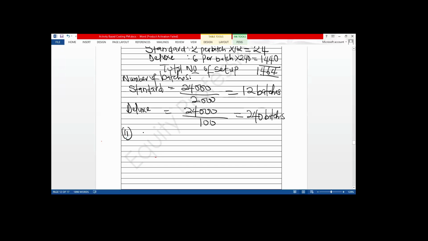The special parts handling cost driver rate is calculated as special parts handling overhead costs divided by, please, what is the cost driver for special parts handling cost?